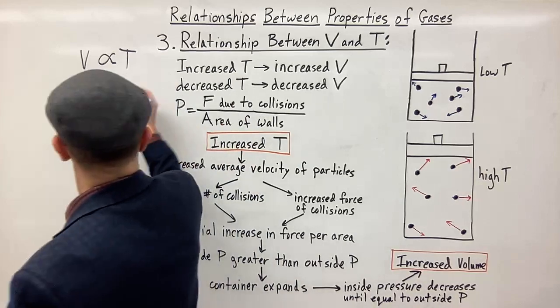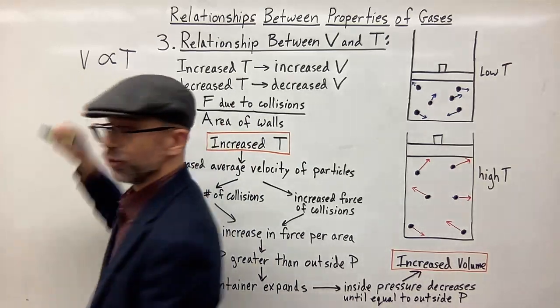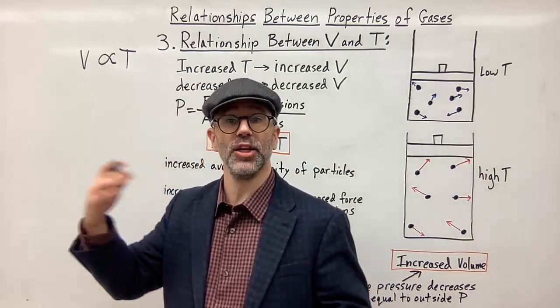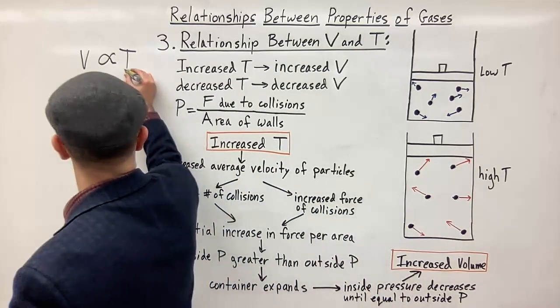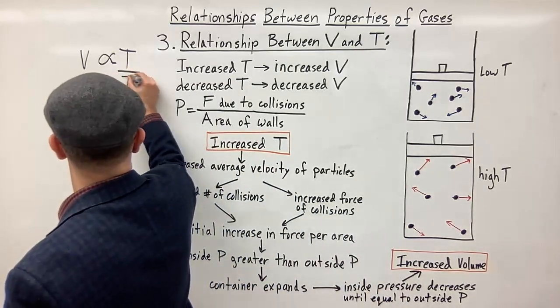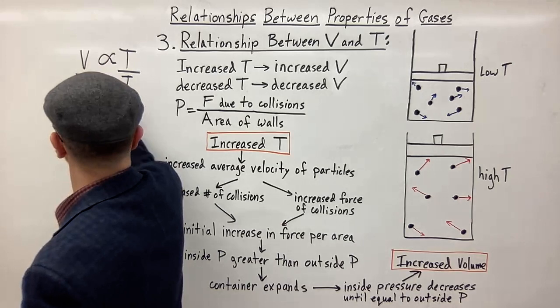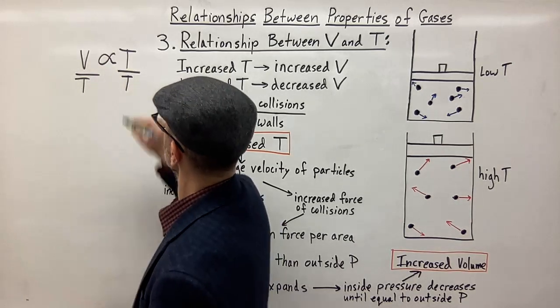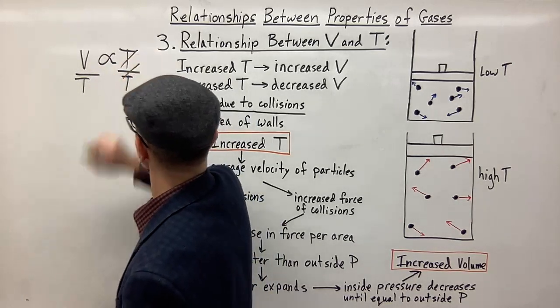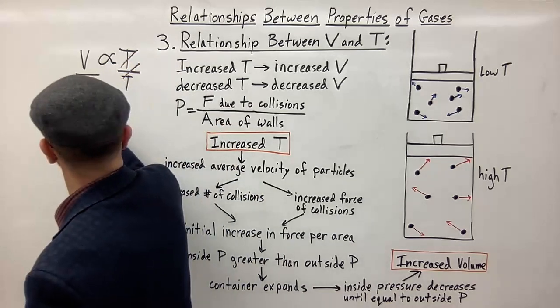So if you increase one, or if you double one, then you have to double the other. And we can see that again by dividing both sides by temperature in this case, right? So these cancel out, becomes one, and then you end up with a proportionality constant again.